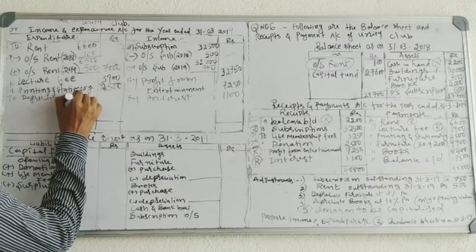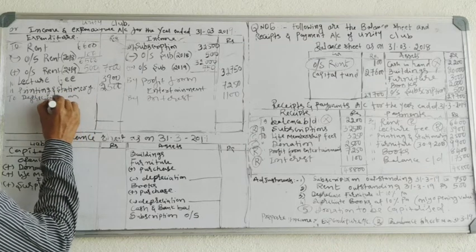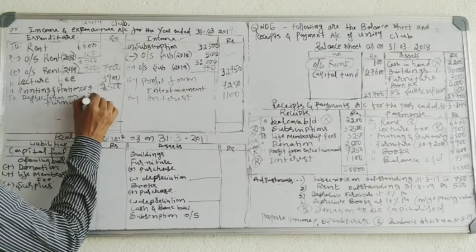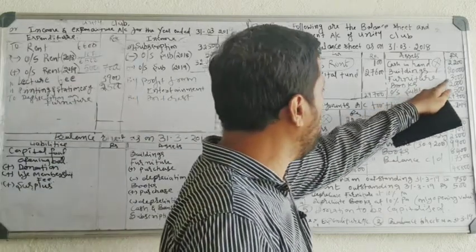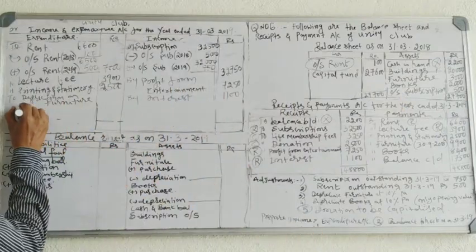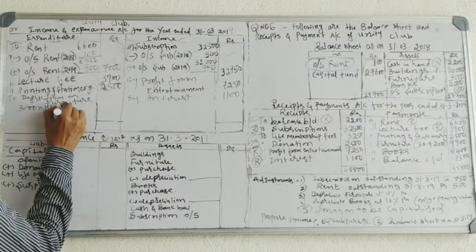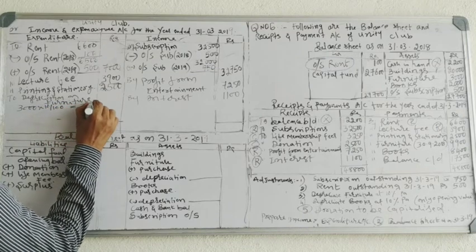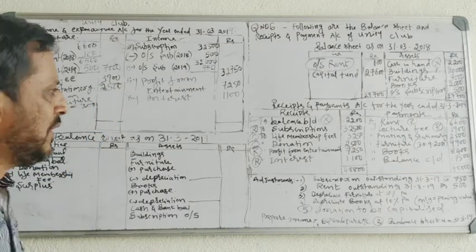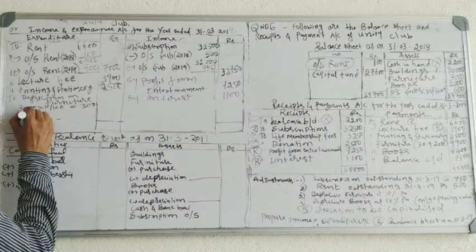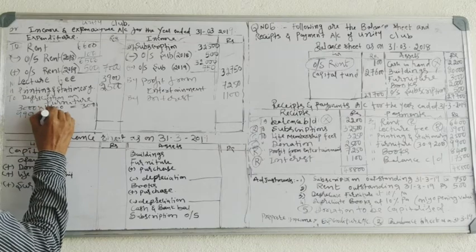Depreciation on furniture. First take on opening value 3,000 into 10%, 300. Then take on additional value 9,900 into 10%.